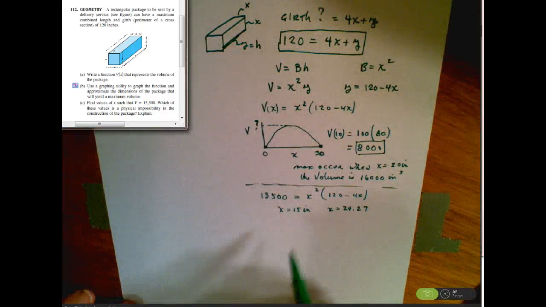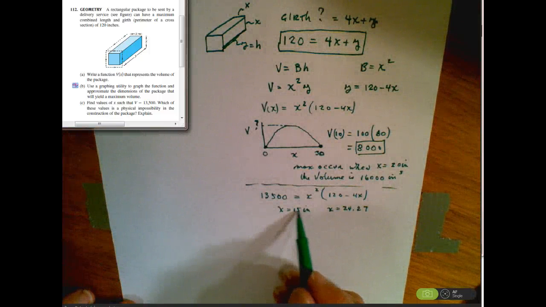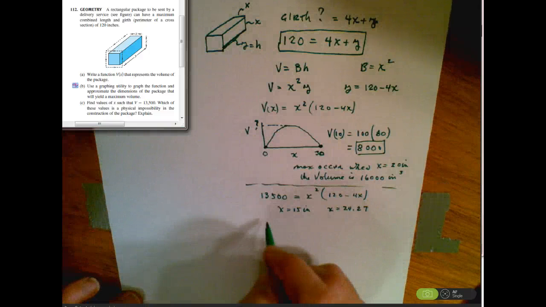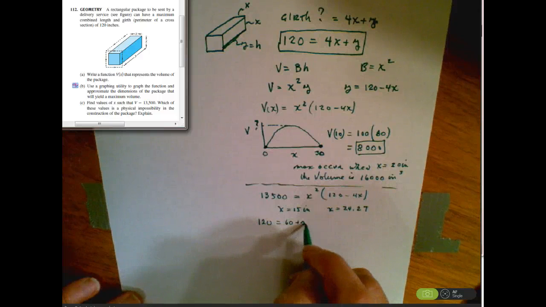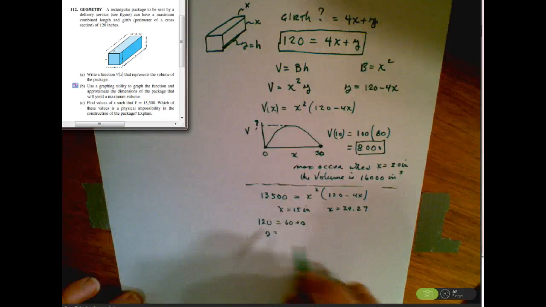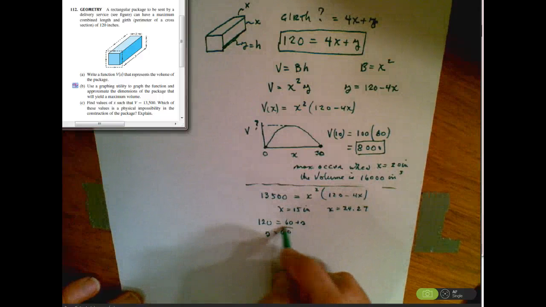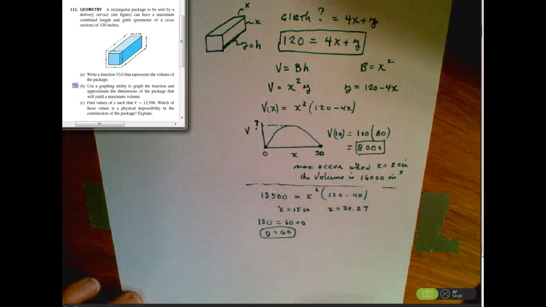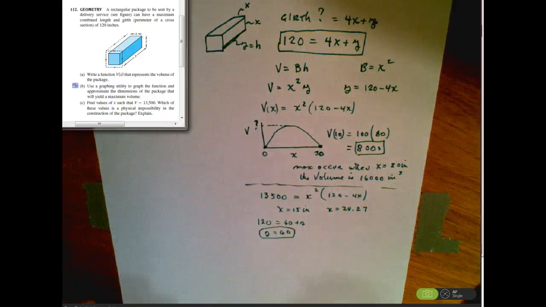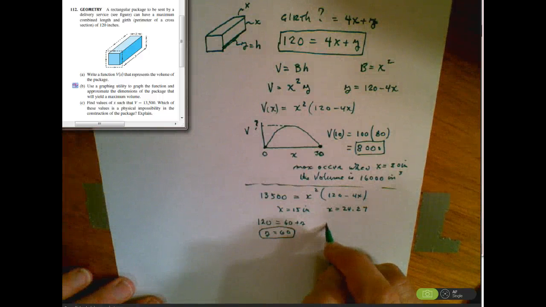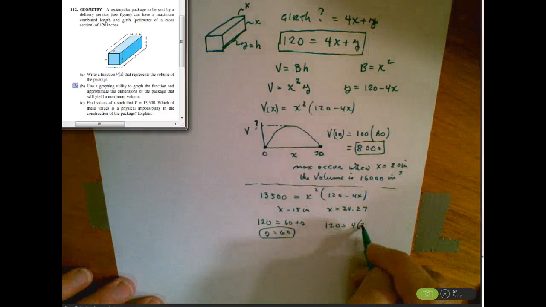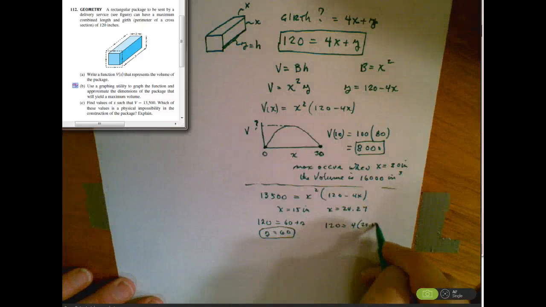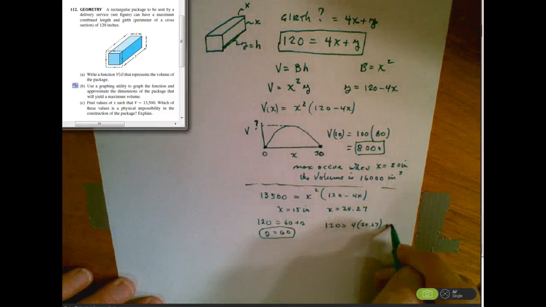Okay, now let's see if these are valid relative to the girth constraint. So if I take x as 15, I get 120 is equal to 15 times 4, which is 60, plus y. That means y would be 60, and that would be my girth. Now the other case would be 120 is equal to 4 times 24.27 plus y.